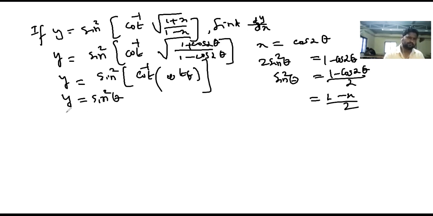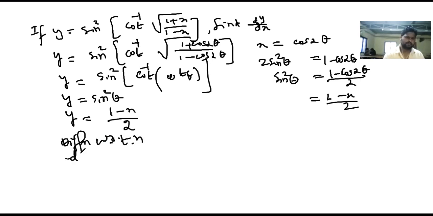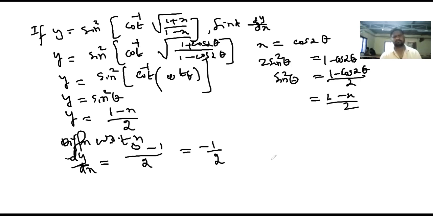I put y is equal to 1 minus x by 2. So we differentiate with respect to x. 2 as it is constant, derivative of 1 is 0 minus 1. So it is equal to minus 1 by 2. It's a simple one.